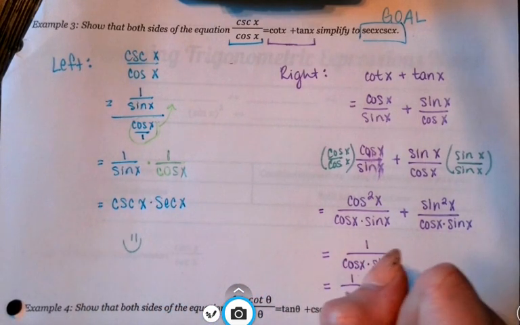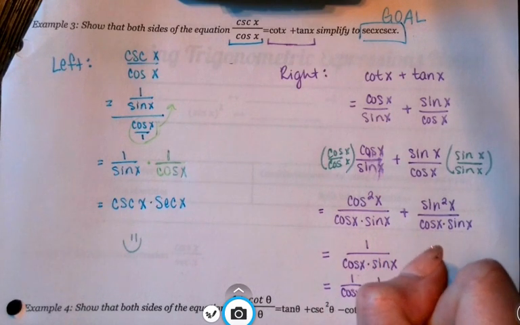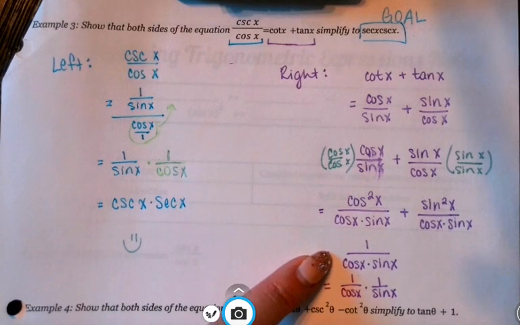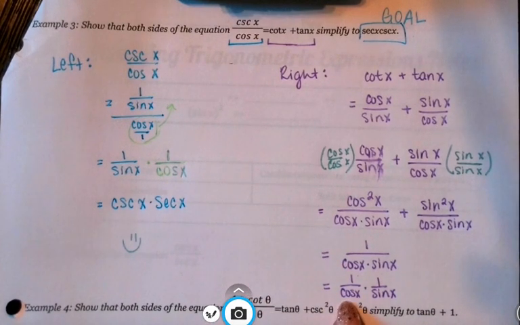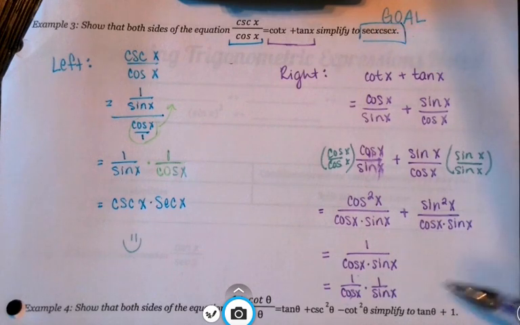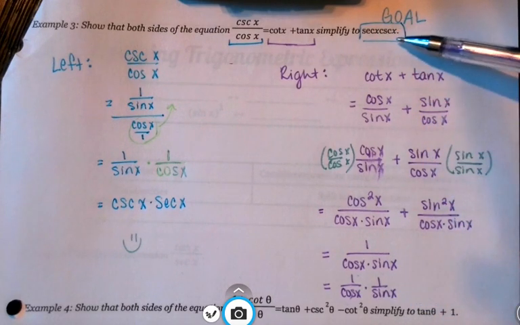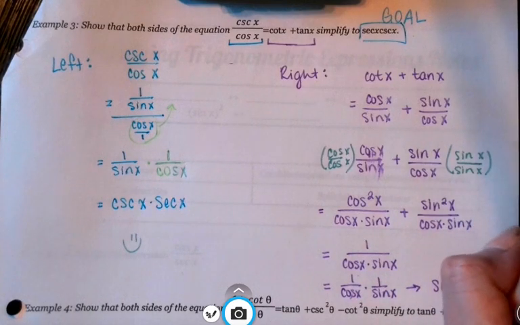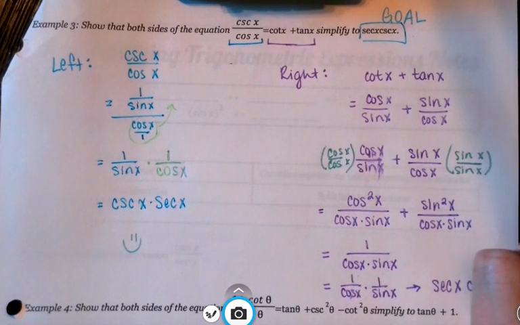So I could do 1 over cosine times 1 over sine, because if I multiply those, I would get right back to where I was. And now that I have 1 over cosine and 1 over sine, I can see that 1 over cosine would turn into secant of x, and 1 over sine would turn into cosecant of x. So I'm just going to rewrite that, and we reached our goal. And so that one worked out as well.